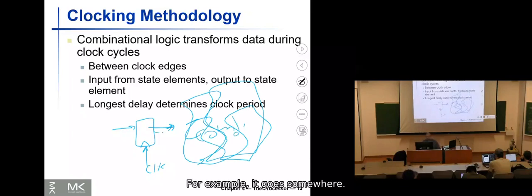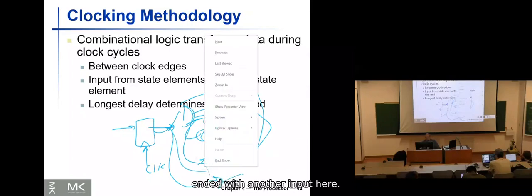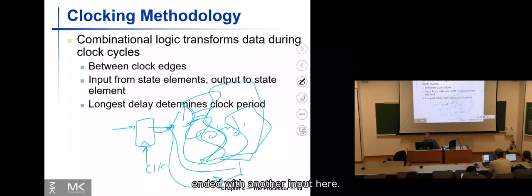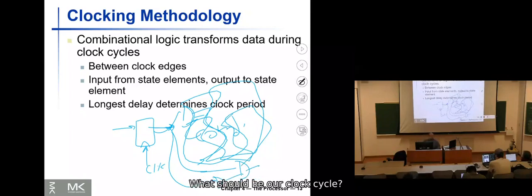For example, it goes somewhere and we have an AND, then it goes to another place, where there is an OR, and the output of this OR is going to be ANDed with another input here. There are so many elements here, and they have different paths. What should be our clock cycle?